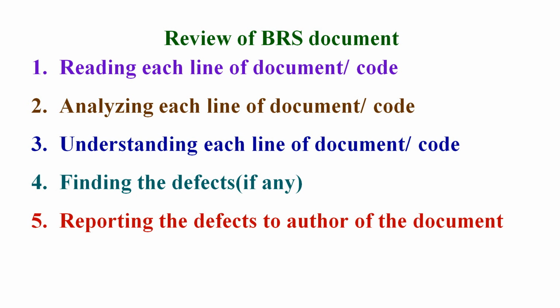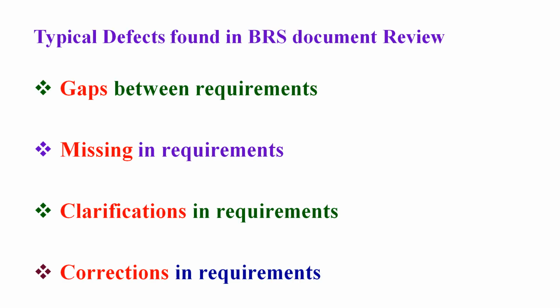Now, see here. What types of defects are possible to find in the BRS document? In general, the following are the typical defects that are possible to find in the BRS document during the review process: gaps between the requirements, missing items in the requirements, clarifications in the requirements, and corrections in the requirements.